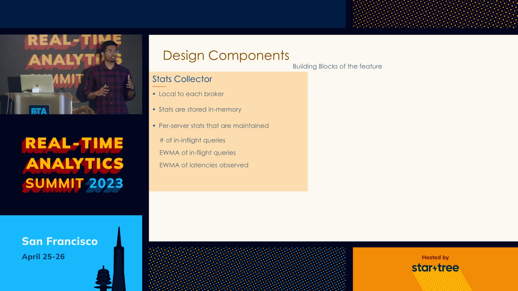And this stats store is local to each broker, and it is all kept in memory. We made this decision very consciously because there is a high cost involved with exchanging stats across brokers, and there is also a lot of code complexity involved. And in a lot of cases, Pinot is serving really high QPS use cases. So by the time the other broker receives these stats, the stats could be stale.